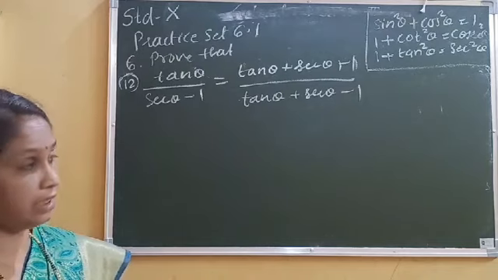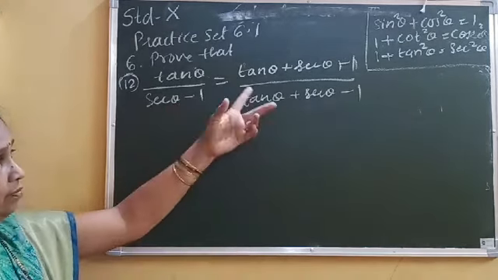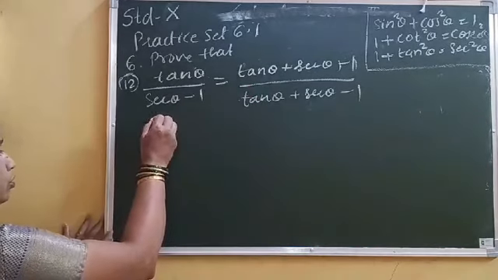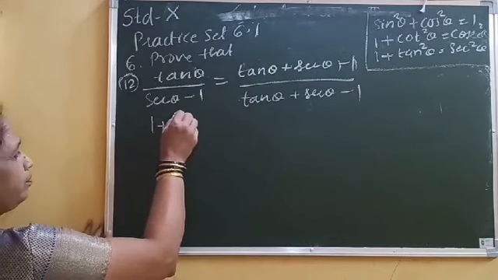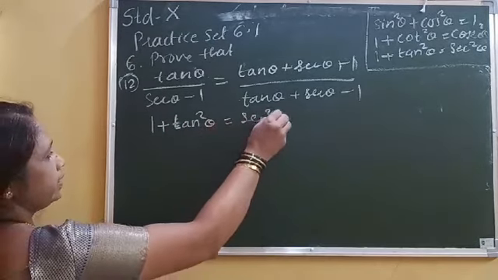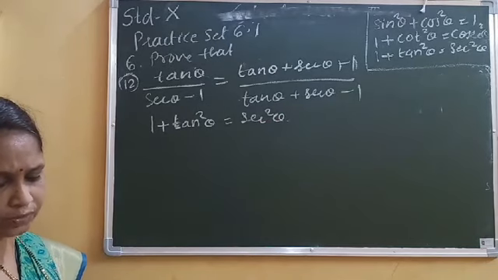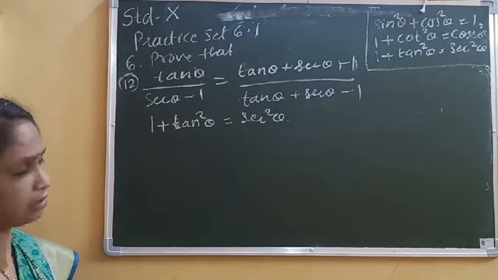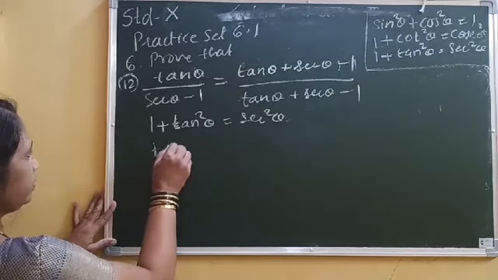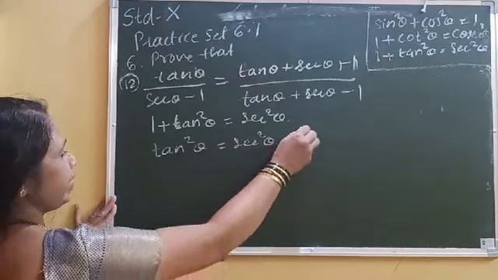So with this little change, we have to get this and this by using the identity. See, 1 plus tan square theta is equal to sec square theta. Okay, so next, tan square theta is equal to sec square theta minus 1.